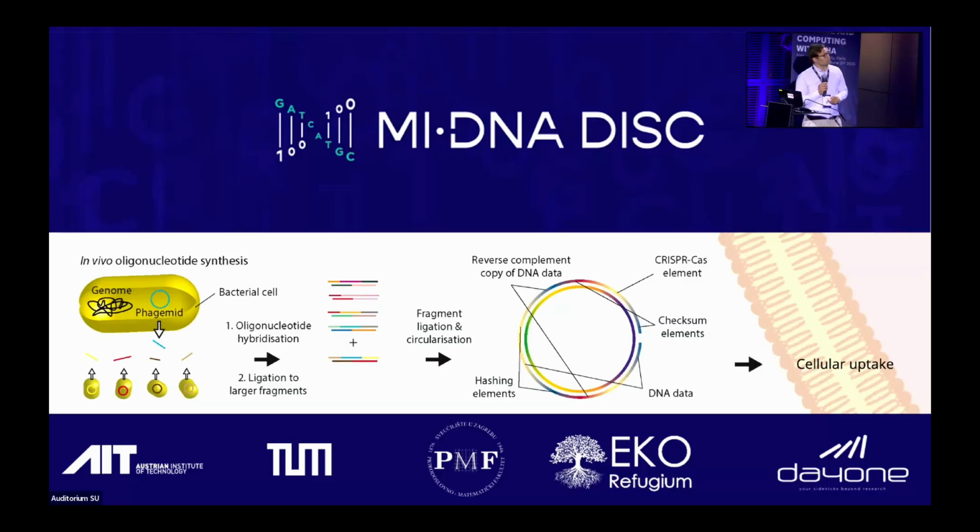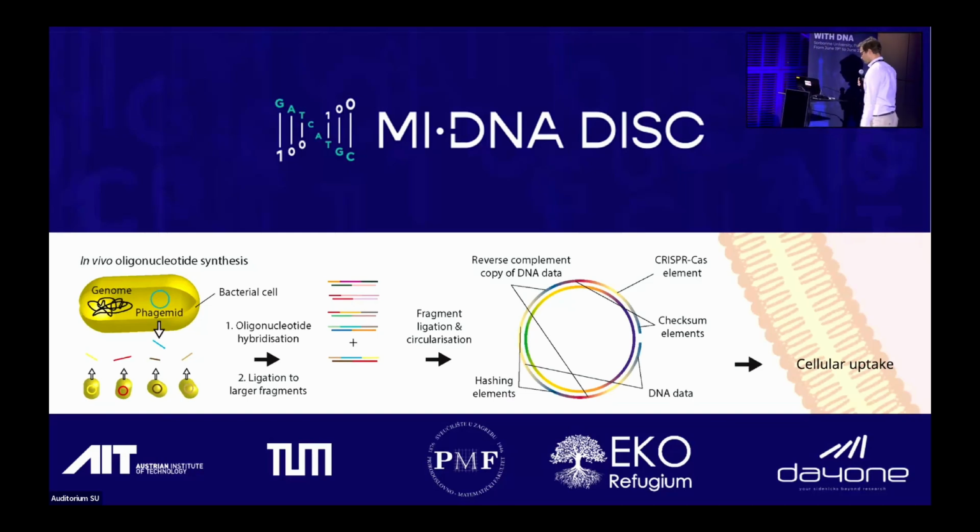We have two consortium partners, the AIT and TU Munich, who are developing strategies to use bacteria to produce short single-stranded nucleotides, and these nucleotides will serve as building blocks, which we then assemble by hybridizing and ligating to encode information. And at the very end, we want to integrate this data into cells.